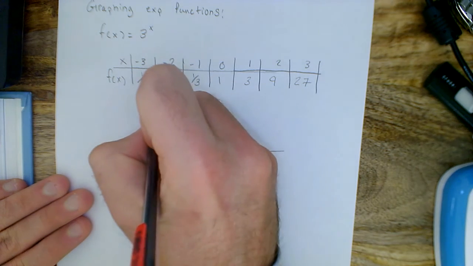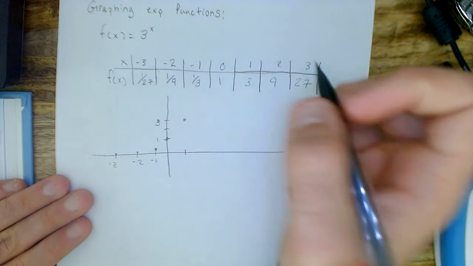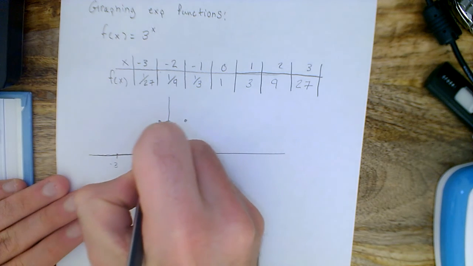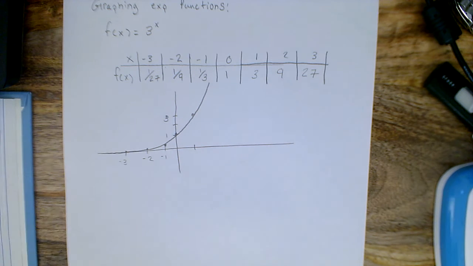Then you go up to 3. 1, 3. And then all the way up here, so it's going to look kind of like this, and just grow super fast.